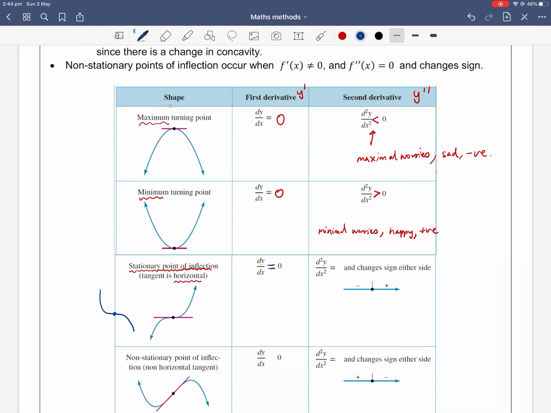And because it's a point of inflection, remember from last lesson, your second derivative is 0, and your y dash dash changes sign on either side. So it's either negative plus, or you can have plus negative as well for your y dash dash.